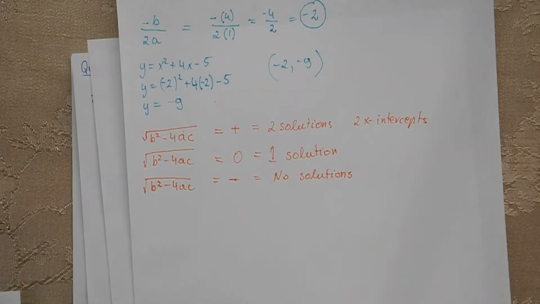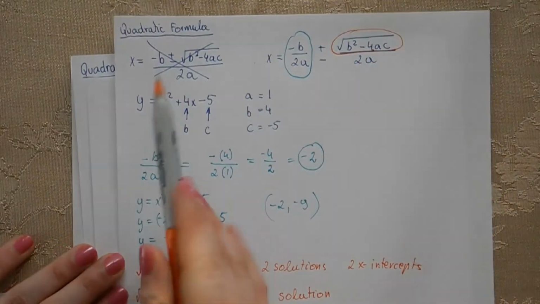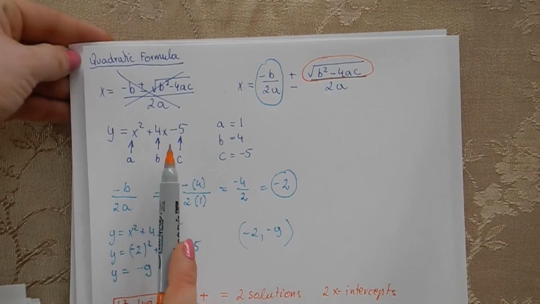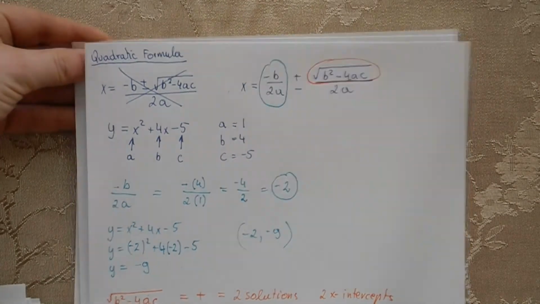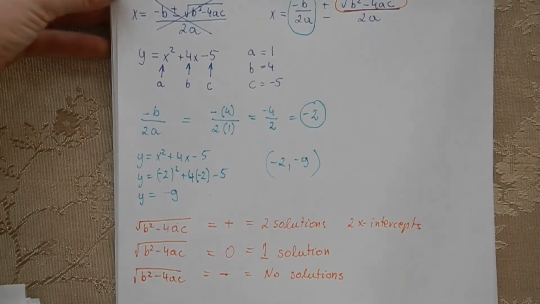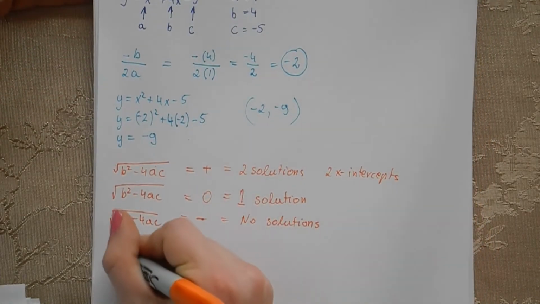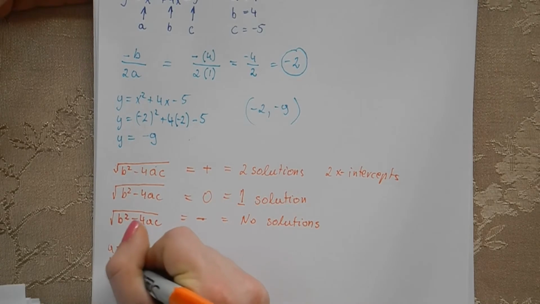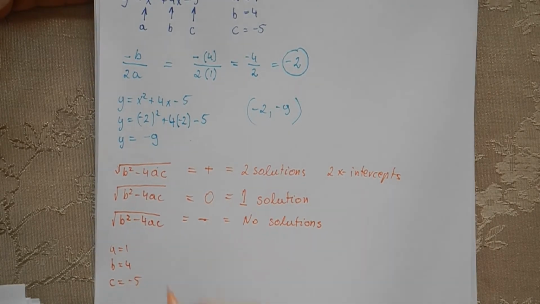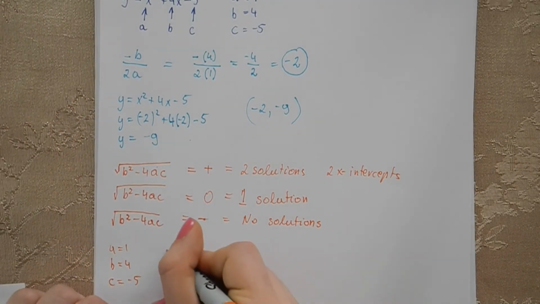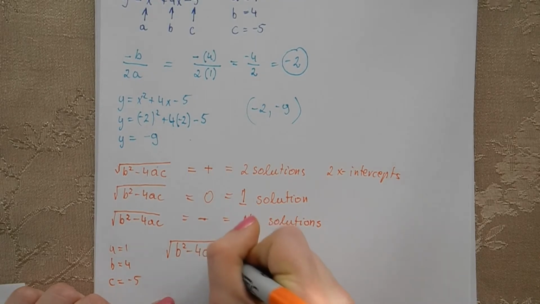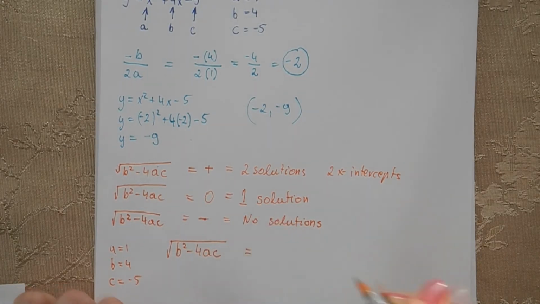So going back to our example, y equals x squared plus 4x minus 5, I'm only going to calculate the radical part. We know that a was 1, b was 4, and c was negative 5.